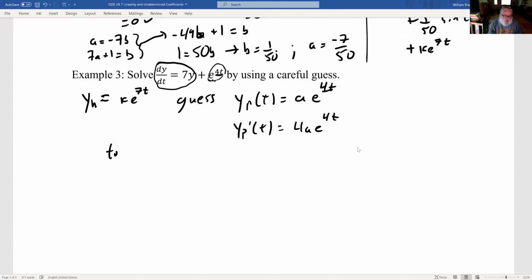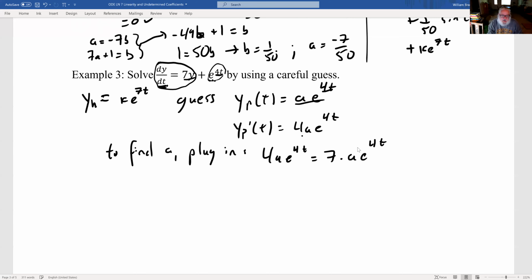To find a, we plug in. So dy/dt is 4a e to the 4t. That's this term, equals 7 times our guess, which is a e to the 4t, plus an e to the 4t. All my e to the 4t's cancel out.